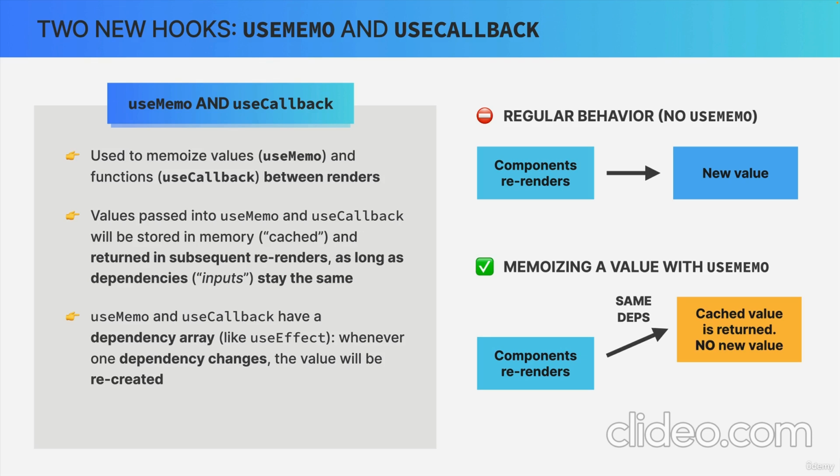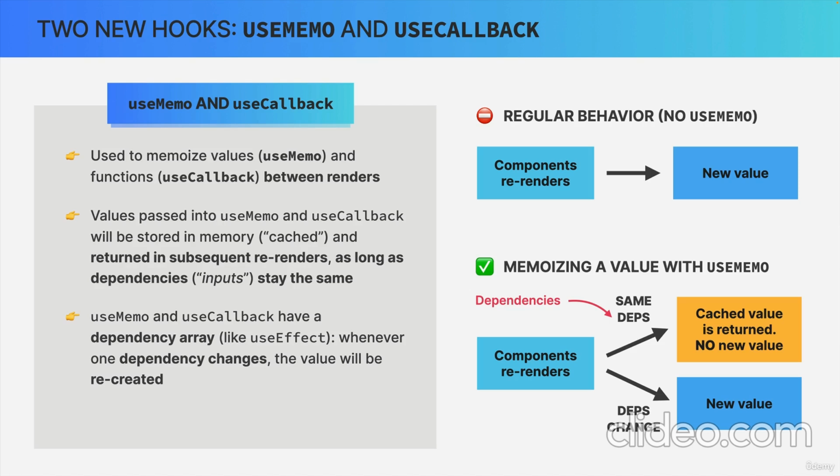And so, like this, the value will stay exactly the same. So it will be stable across renders. However, this is only true if the dependencies that we specify in the dependency array don't change. If they do change, then a new value is actually created as if the memoization has never happened.